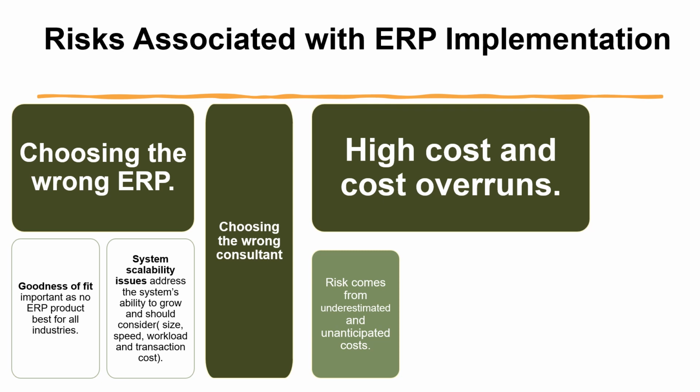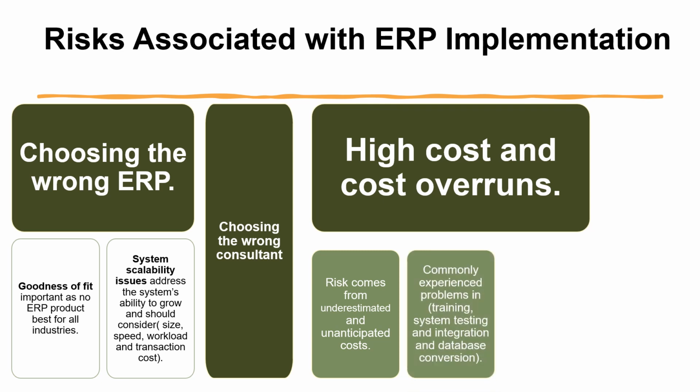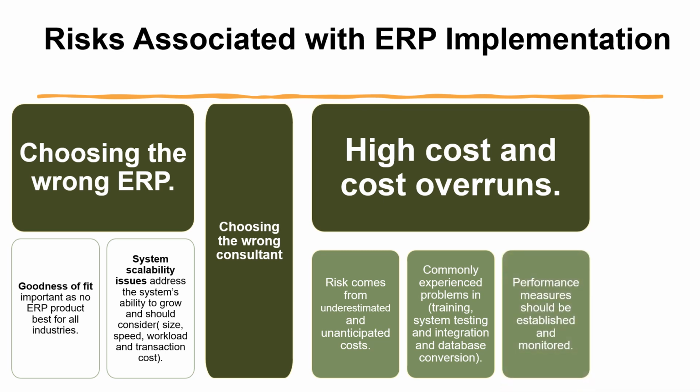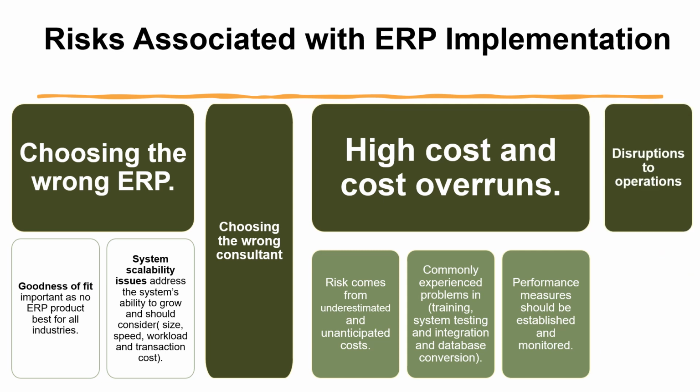Let's say training, changes, implementing new stuff, and so on. Commonly experienced problems are in training, systems testing, integration and database conversion. Performance measures should be established and monitored from day one in implementing ARP.